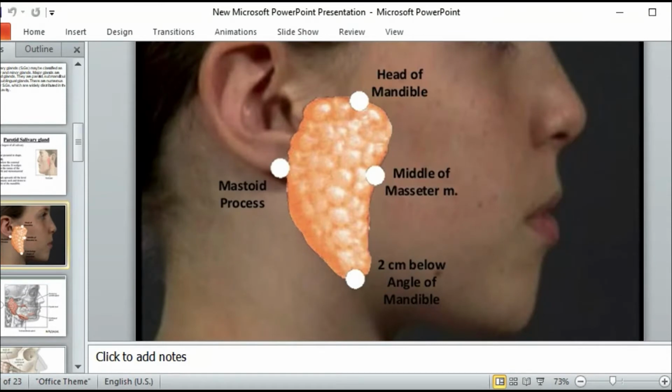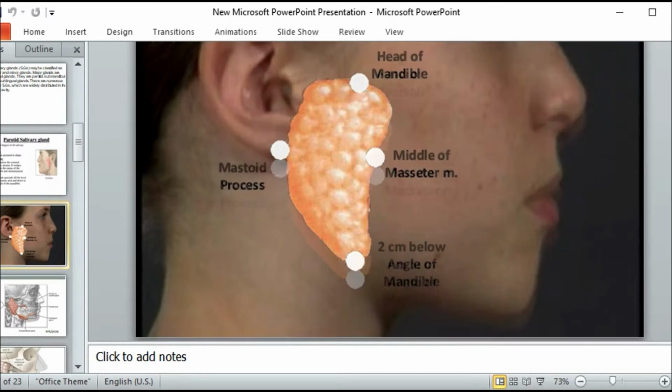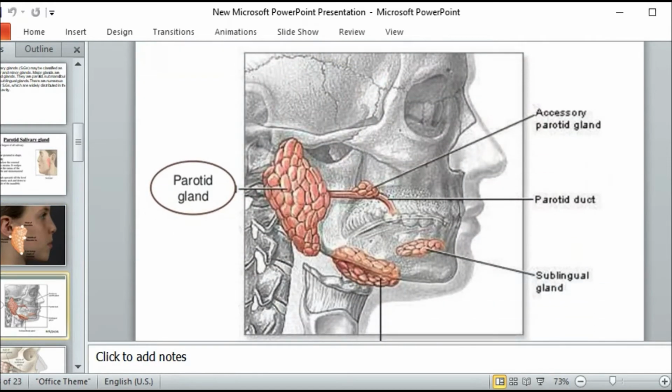It is present on each side of the face, around the ears. It's kind of a triangular shape, not regular, it's irregular. Look at these pictures.